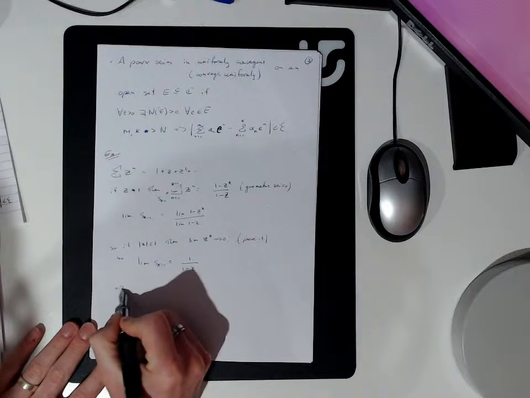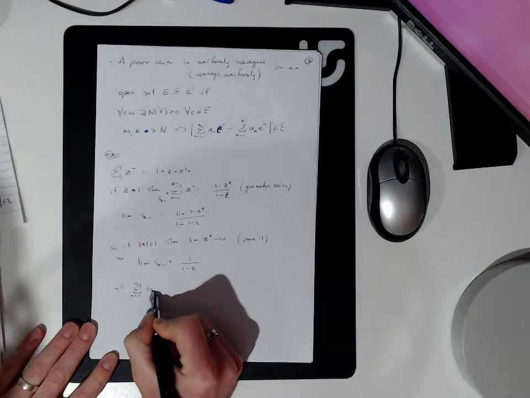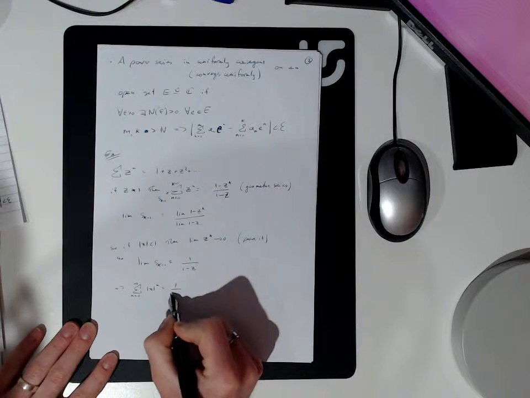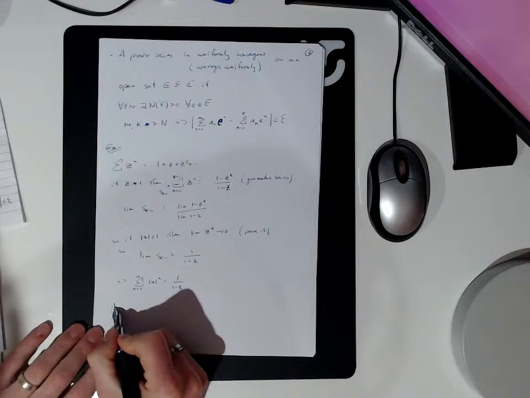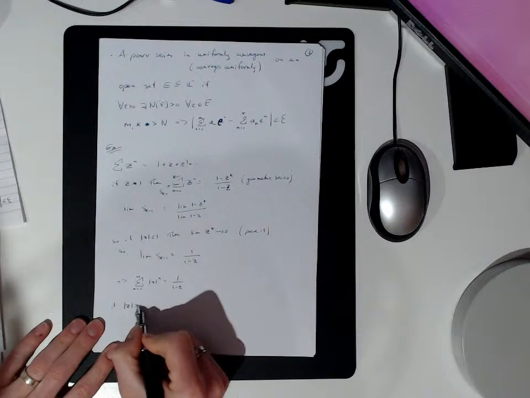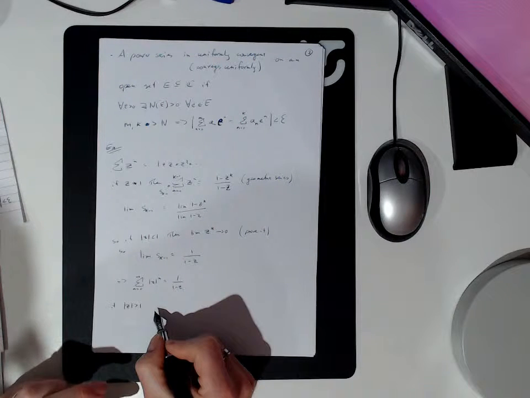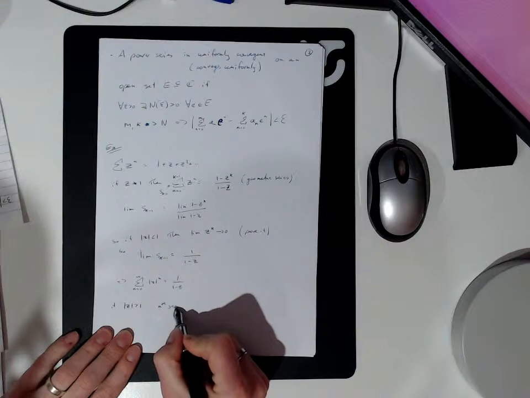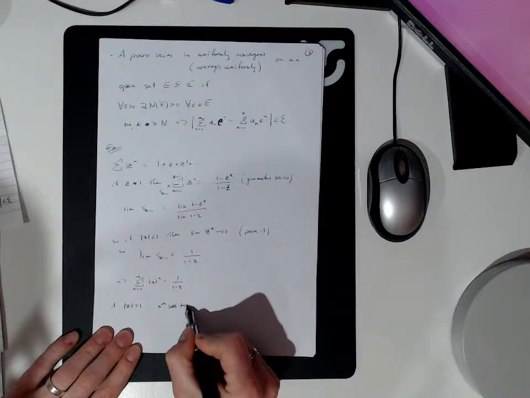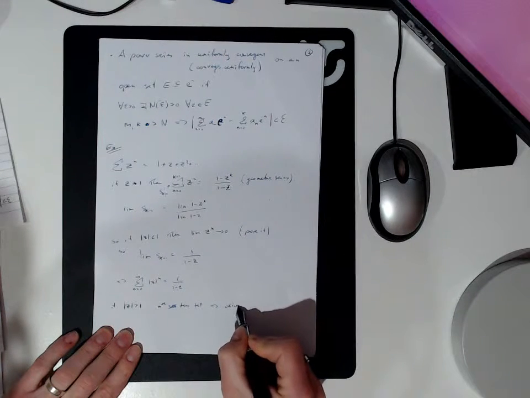And of course, this implies that the infinite sum of the z^n is equal to 1 over 1 minus z, which is great. If the modulus is greater than 1, then the nth term test, sorry, it took a little bit of time to get there, nth term test implies divergence.